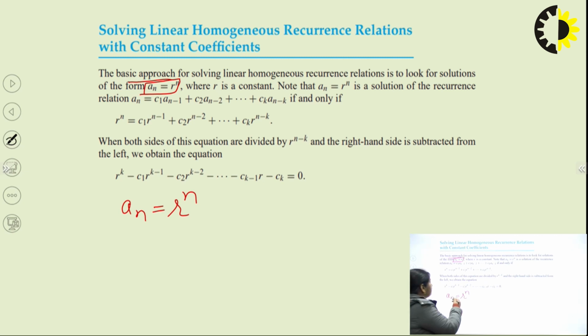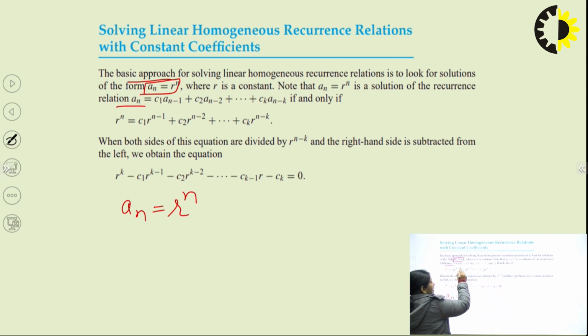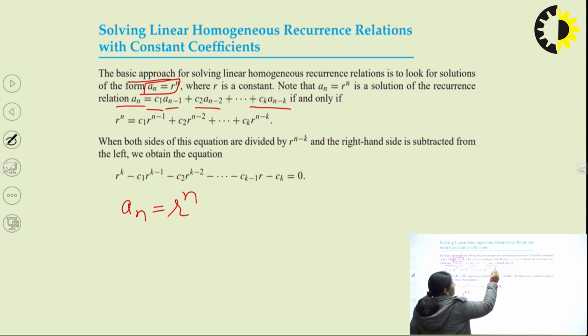When we try to find this type of solution, where r is a constant, it means that it will satisfy the recurrence relation. So, it is a solution of the recurrence relation an is equal to C1 an minus 1 plus C2 an minus 2 up to Ck an minus k, if and only if r to the power n satisfies the equation.